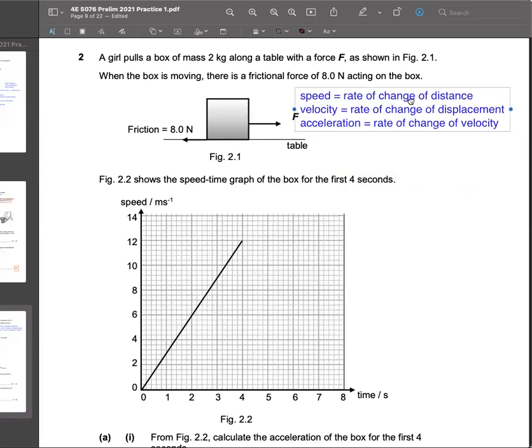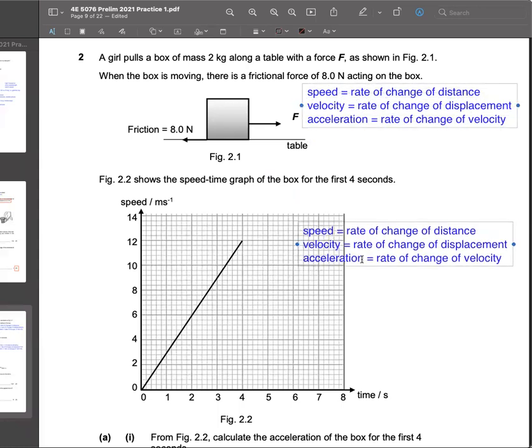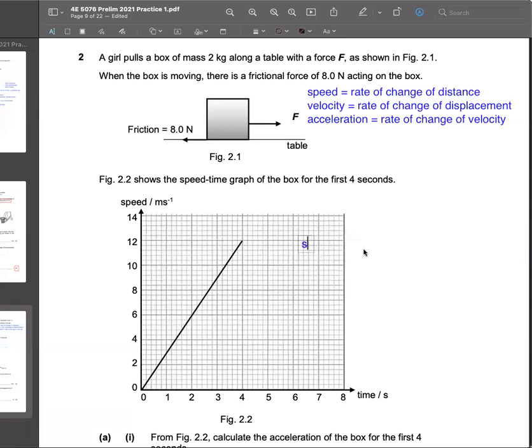What's the meaning of when speed is 2 meters per second? You must tell me distance increases 2 meters every second.